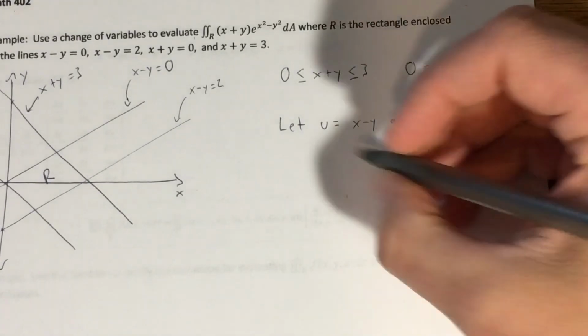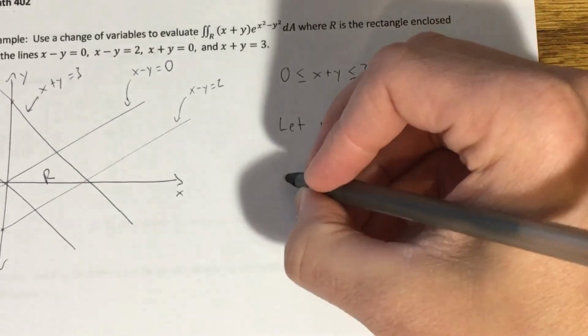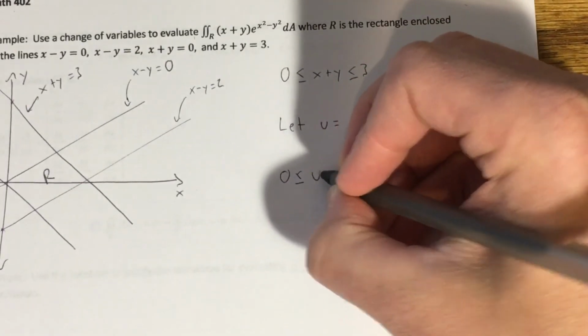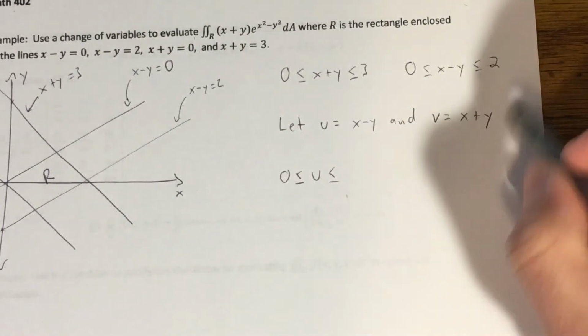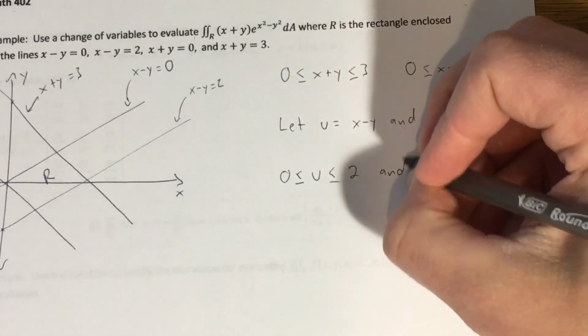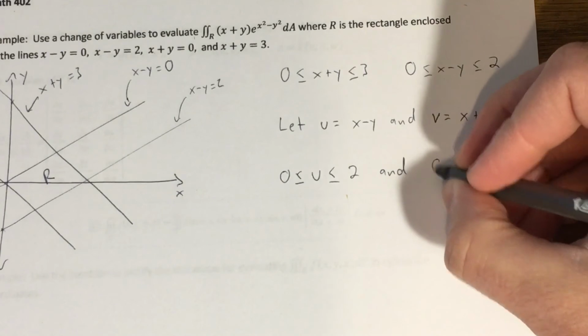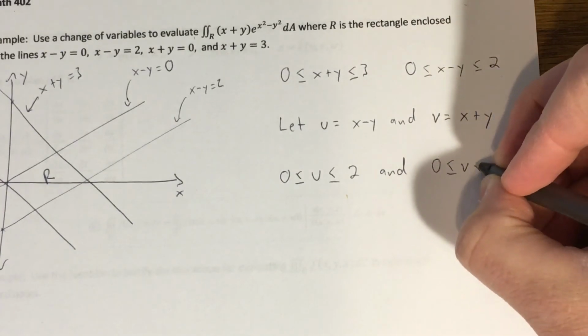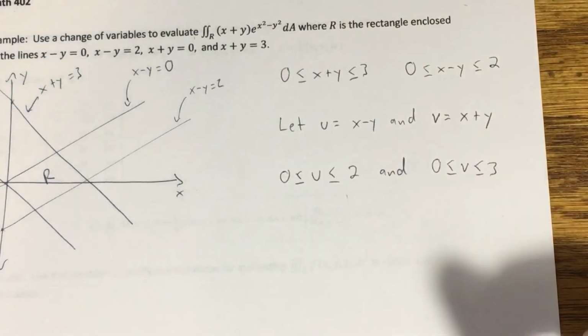So now, rewriting these with the correct substitutions, I can see that u is between 0 and 2, and v is between 0 and 3.